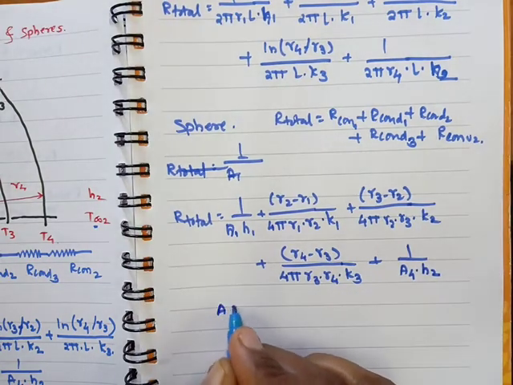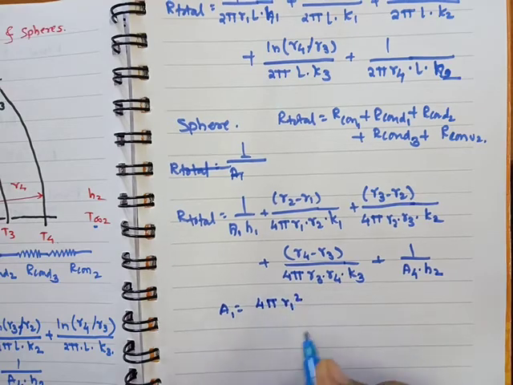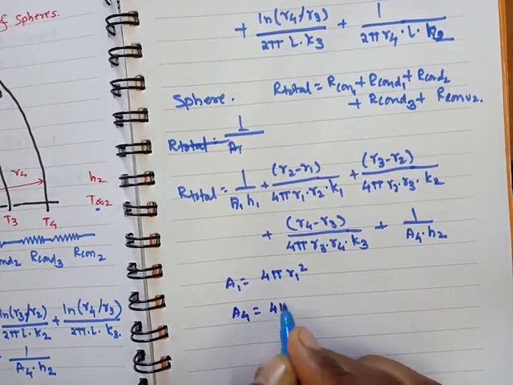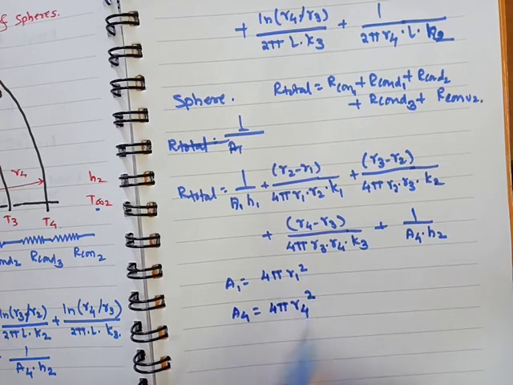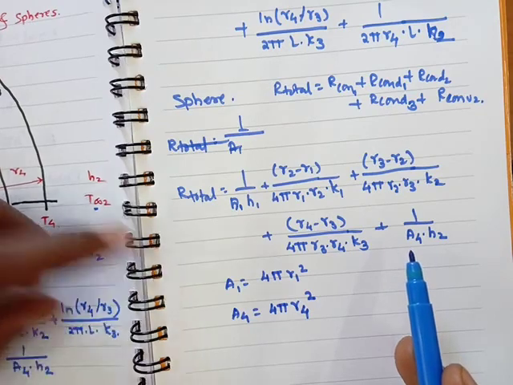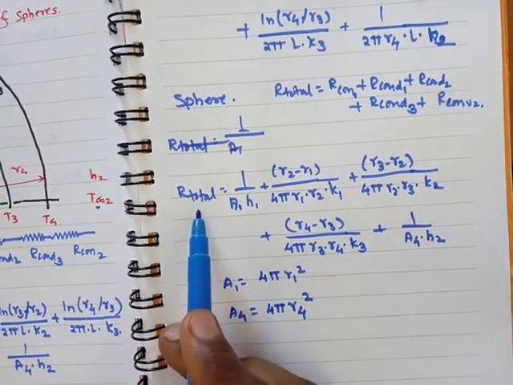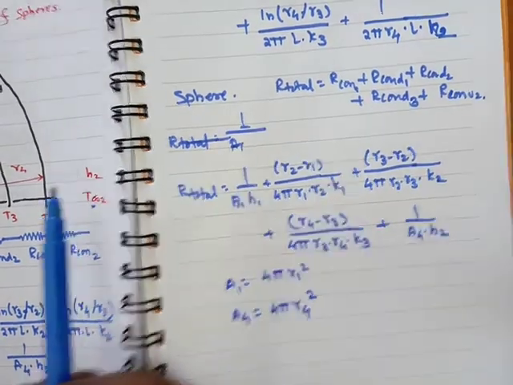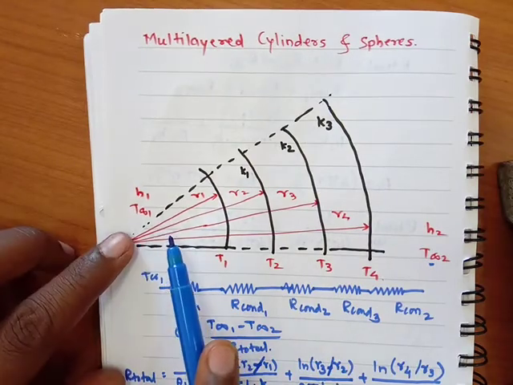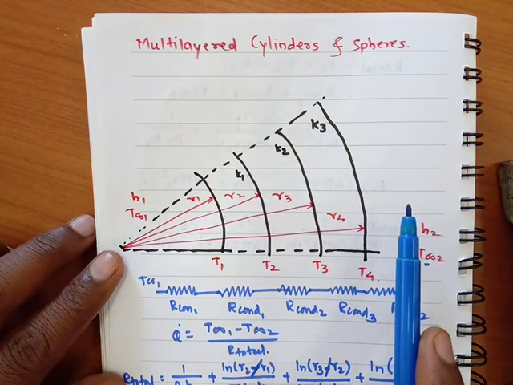Here A1 is equal to 4 pi R1 square and A4 is equal to 4 pi R4 square. If you substitute the values in this formula, we will find the total thermal resistance for a sphere consisting of 3 layers, with convection heat transfer on the inside and on the outside.